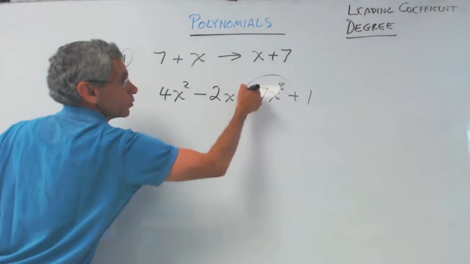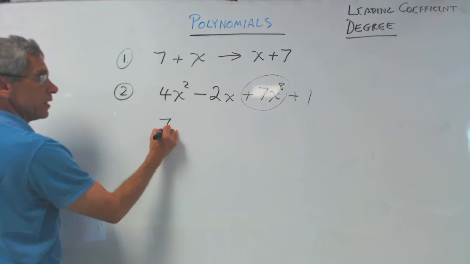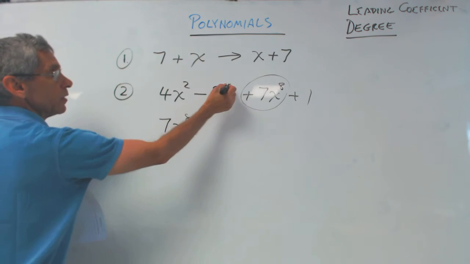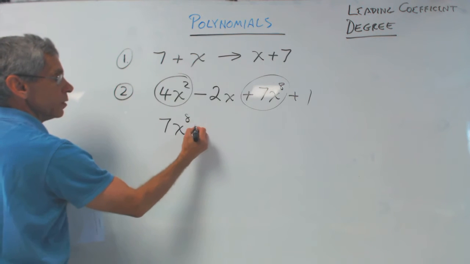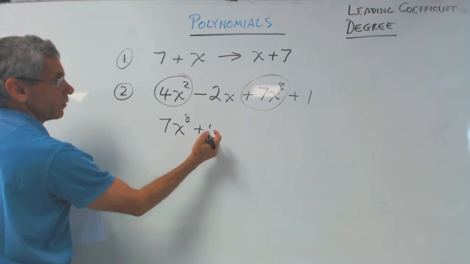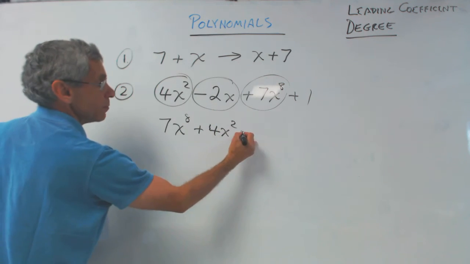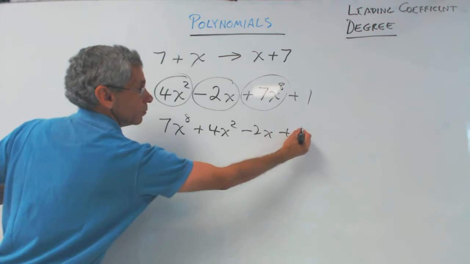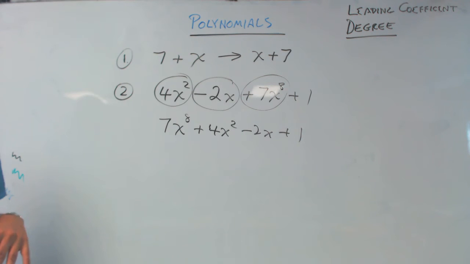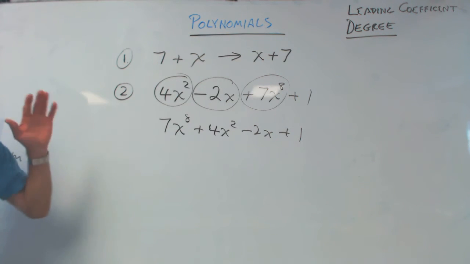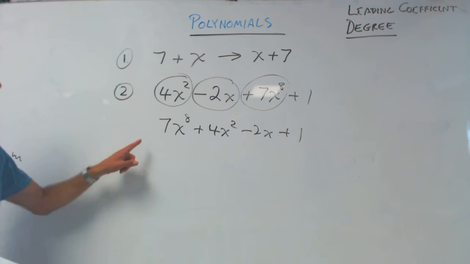So I would have to do this one first. So that's 7x to the 8th. Then plus 4x squared, minus 2x plus 1. Okay, does that make sense? It's descending exponents.